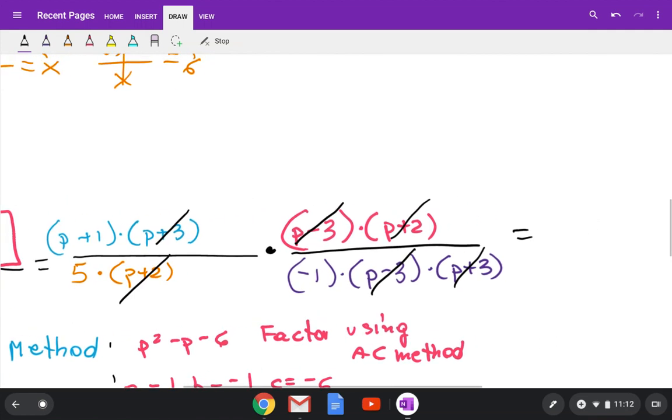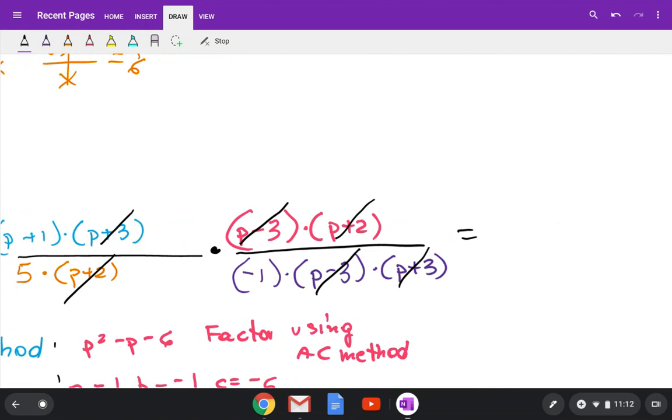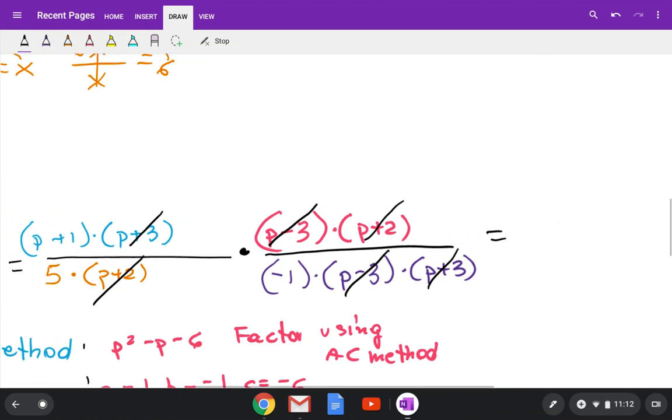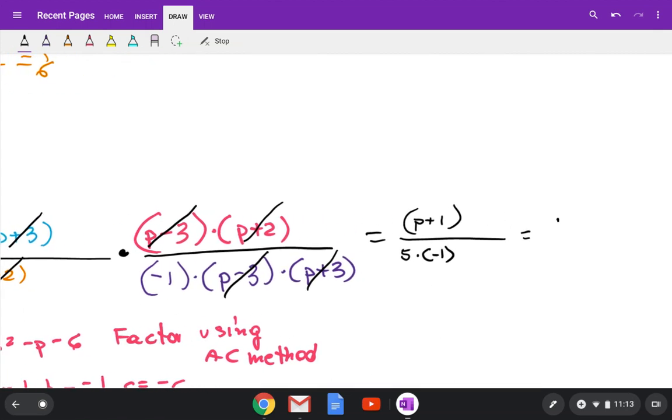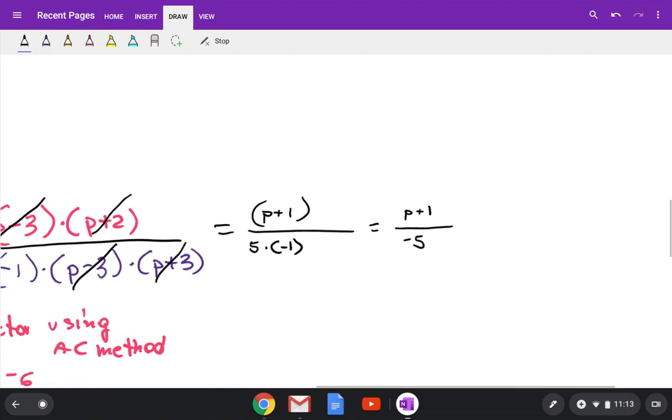So now our final solution, we're just going to rewrite the factors which are staying, which is p plus 1 in the numerator. In the denominator, we only have 5 times -1. So the final solution is p plus 1 over -5. So this is a correct solution.